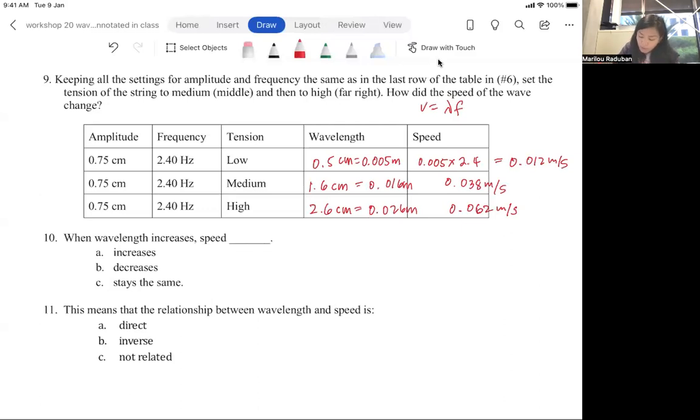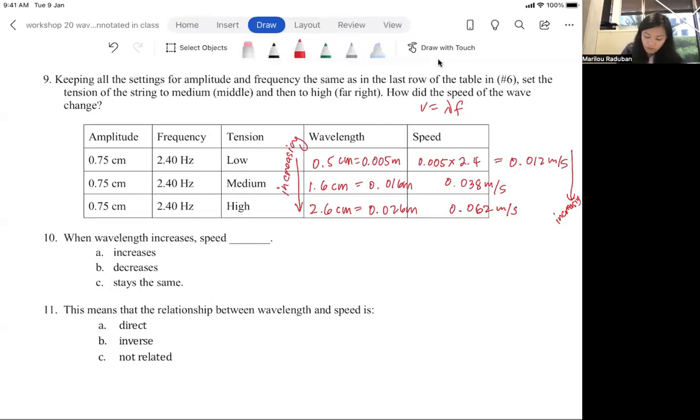Looking at how the wavelength changes, notice that the wavelength increases as you go this way. And as the wavelength increases, notice how the speed also increases.